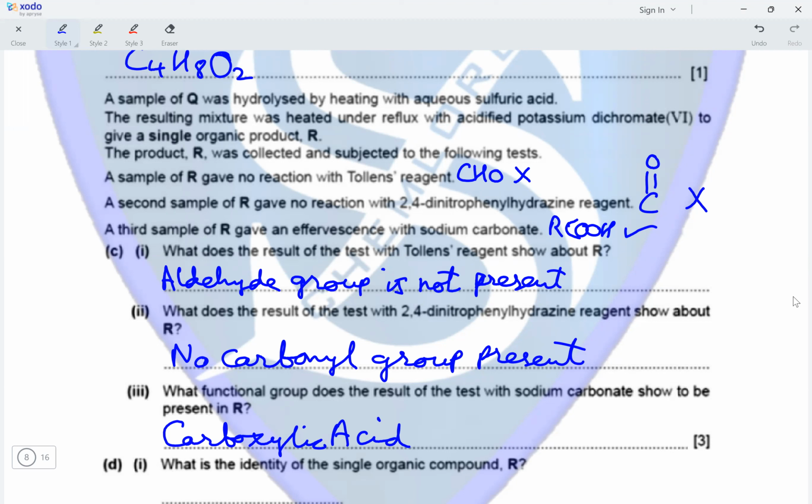One of the groups would be COOH because it was hydrolyzed by heating with sulfuric acid. So we have C2H4O, C2 is left, and H3, CH3COOH. So it's ethanoic acid.